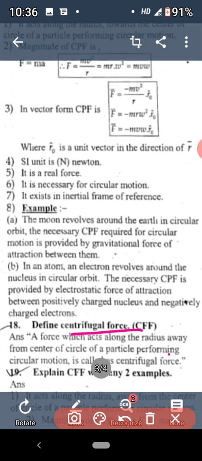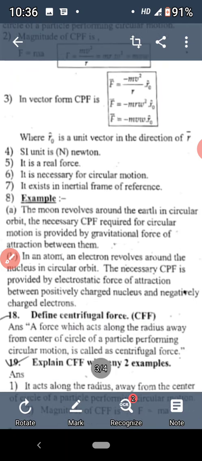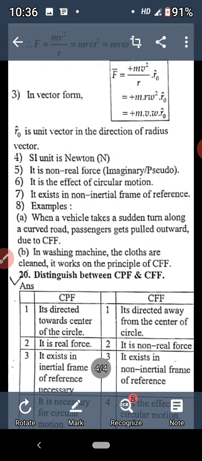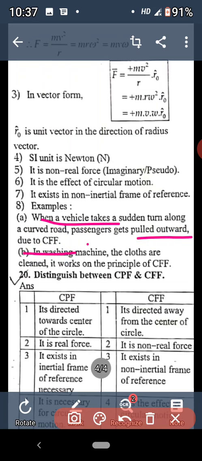And let us see the different examples of this centrifugal force. When a vehicle takes a turn along a curved road, the passengers inside the vehicle get pulled outward due to centrifugal force.